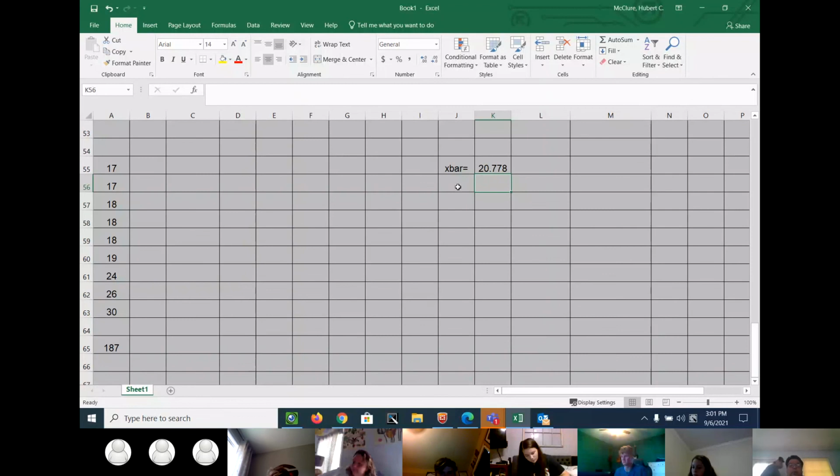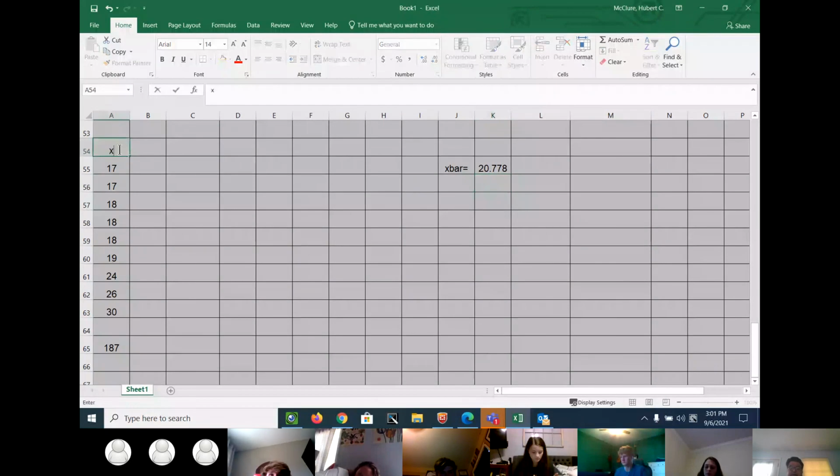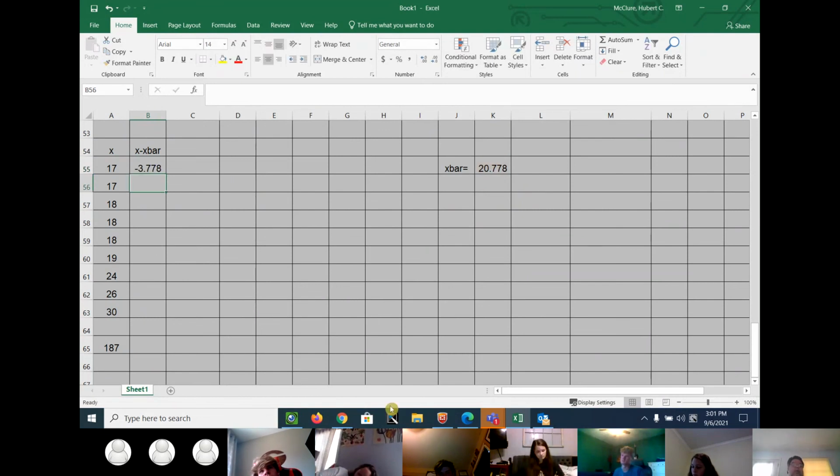Okay. And I'm going to subtract that from each one of these, because this is x, and this will be x minus x bar. So equals 17 minus that number, F4. I'm going to copy that down.